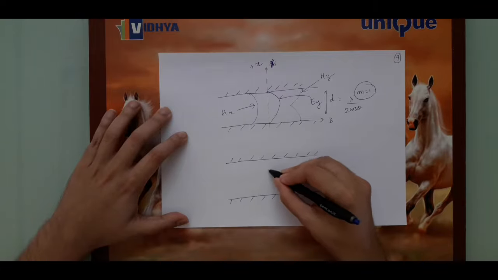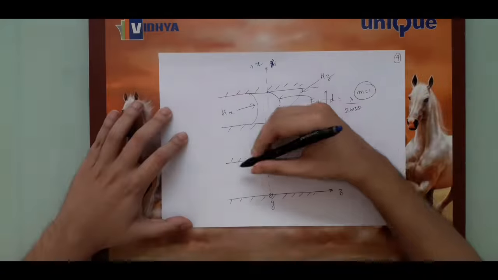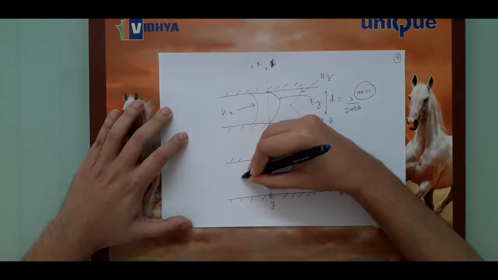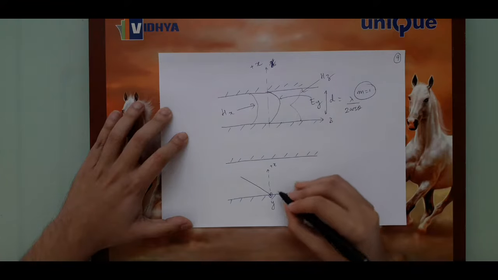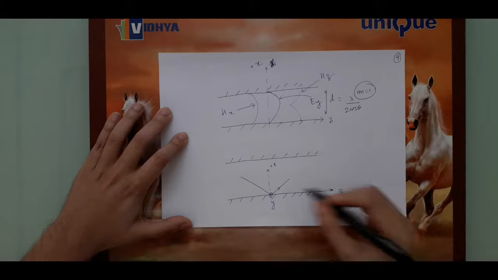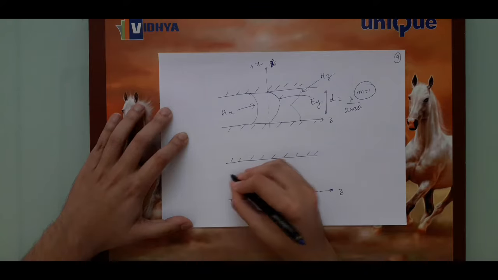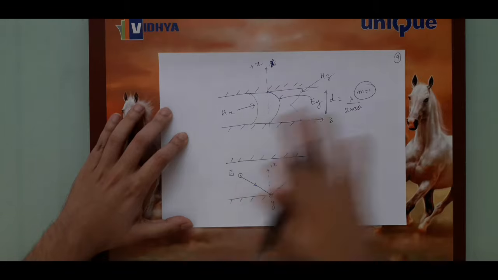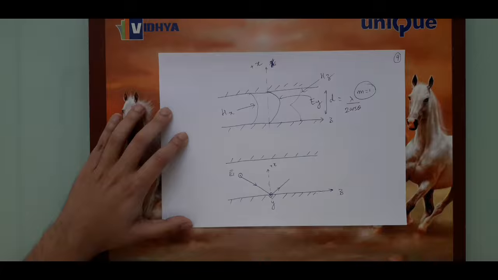This is the X, and this is Y. So we had said that in case of perpendicular polarization, let the wave be incident this way and reflected this way. The electric field was perpendicular to the plane of incidence, so that's why it is along the y-axis.